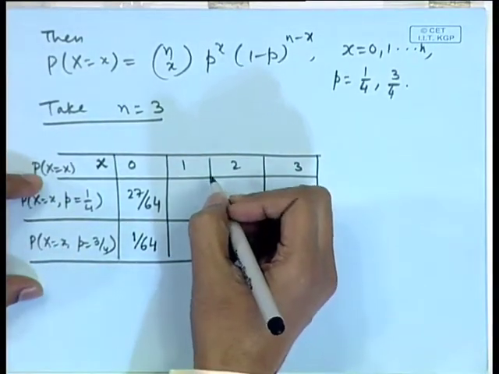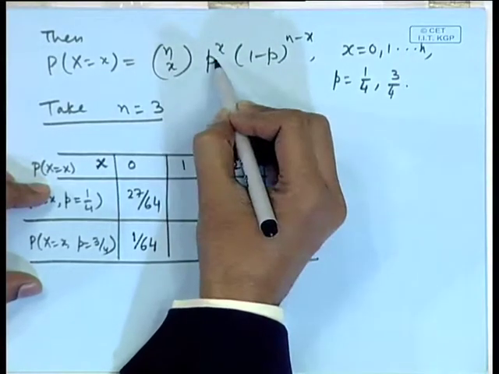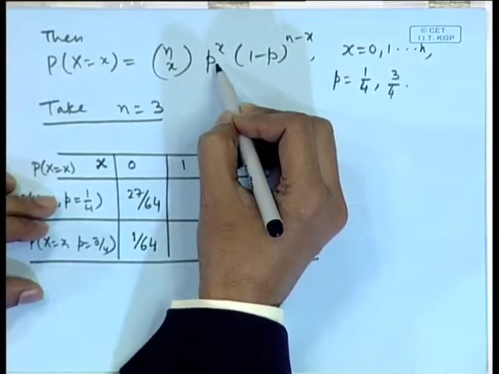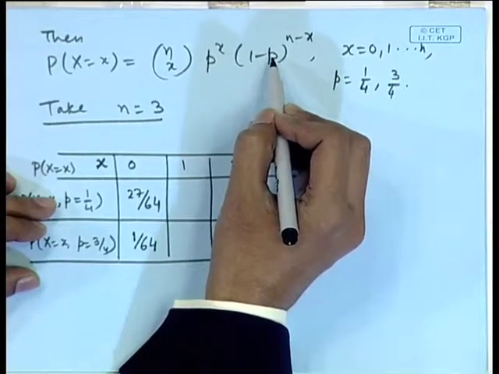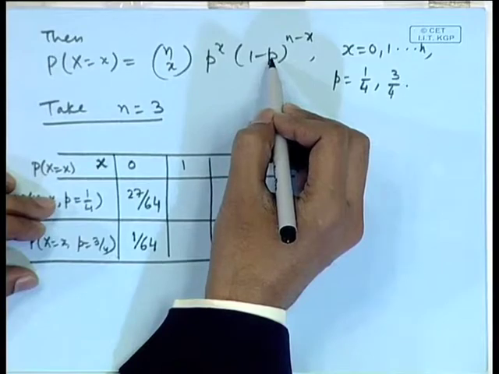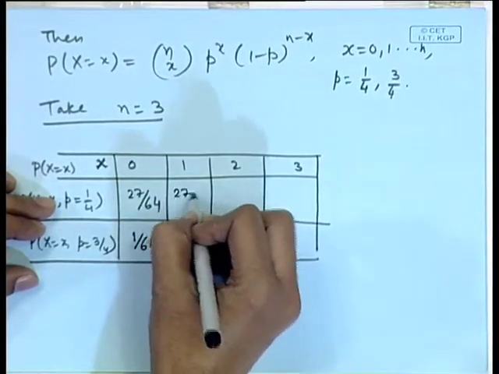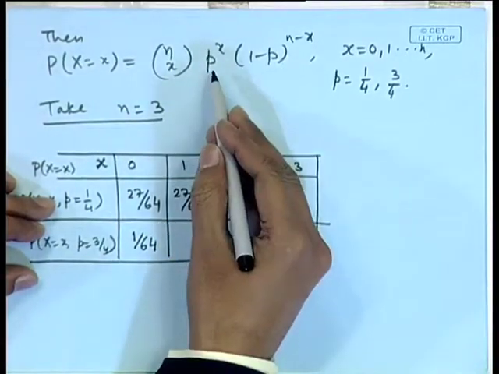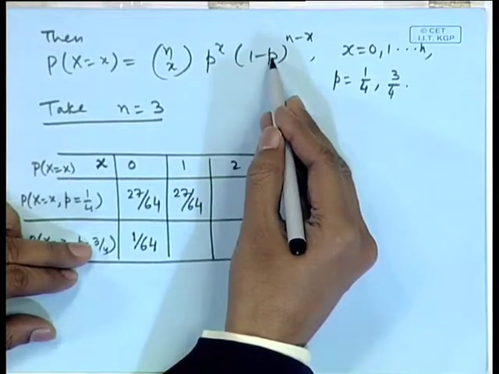What is the probability of X equal to 1? That is 3C1, that is 3p (1 minus p) square. So, when p is equal to 1 by 4, this (3 by 4) square becomes 9 by 16, and then you have 1 by 4. So, it becomes again 27 by 64, whereas when p is equal to 3 by 4, this is 3 by 4 and this will become (1 by 4) square.